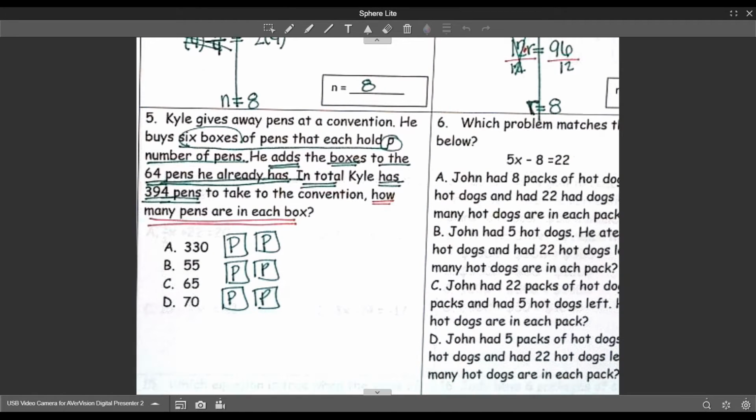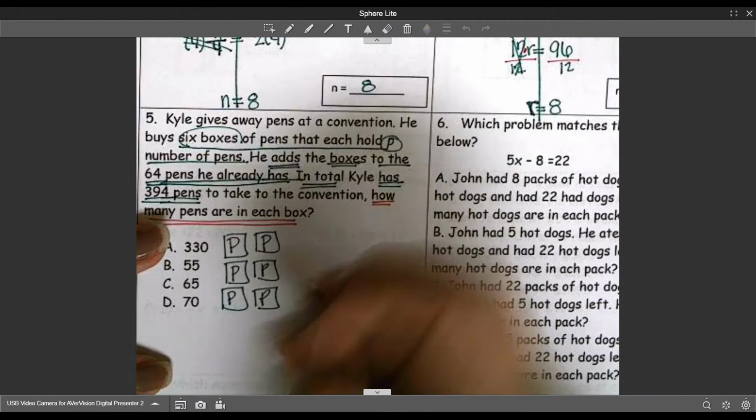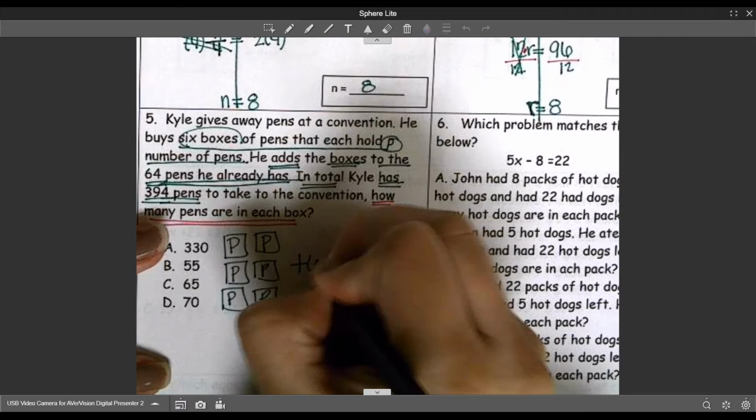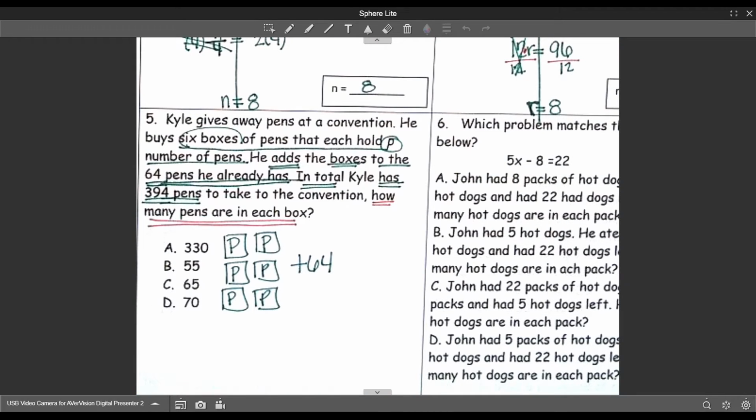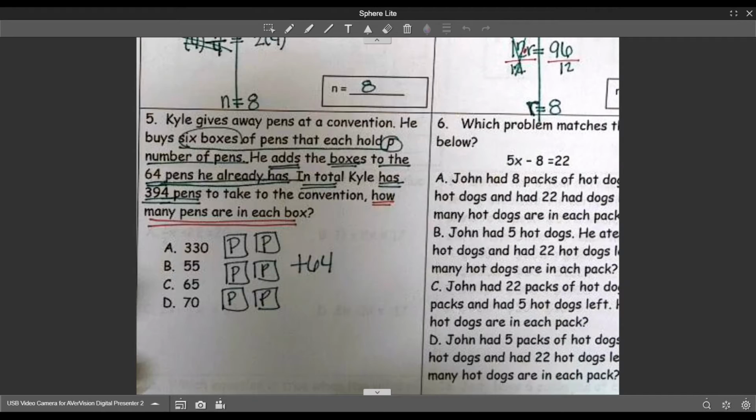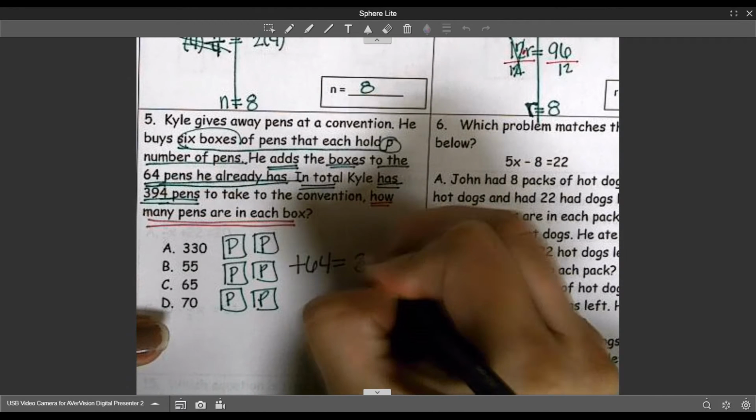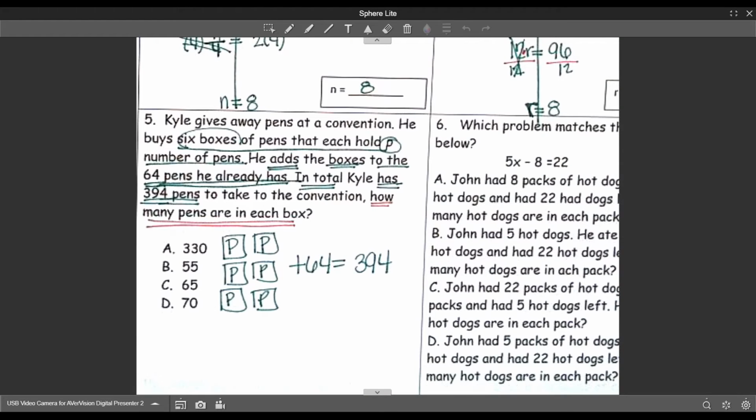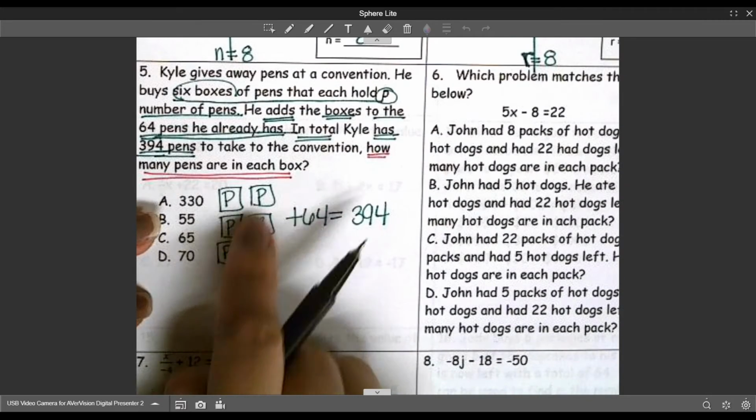And he adds the 64 pens that he already has. And that is going to give me a total of 394 pens. Now remember how I told you that we can convert pictures into equations? What can I turn these boxes into?